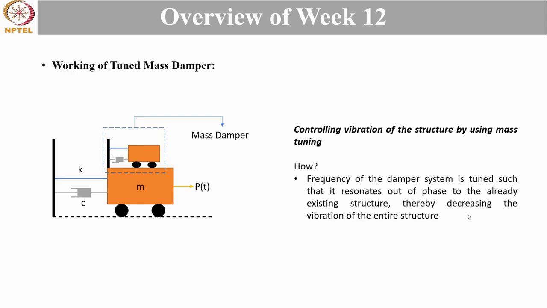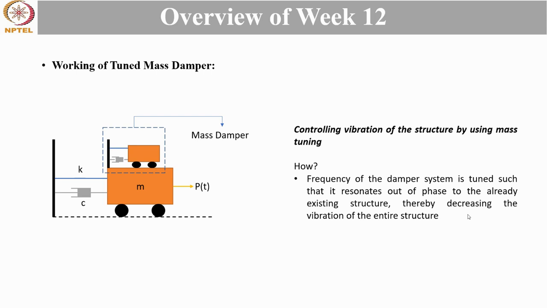And finally, we discussed tuned mass dampers. What is done in this? Additional mass is added to the structure and its frequency is set such that upon ground vibration, it will vibrate out of phase to the actual structure and thus cause destructive interference. What do we mean by destructive interference?